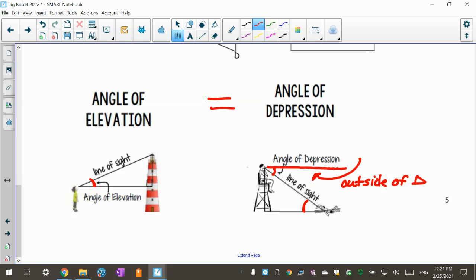If I'm talking about the swimmer looking up at the person that's the lifeguard, these are congruent, okay? So these are congruent because of alternate interior angles of parallel lines. So if they tell you angle of depression, you can always put it down here as angle of elevation because they are congruent to each other. So that is a little beginning part.